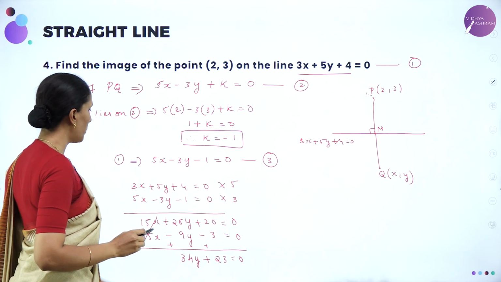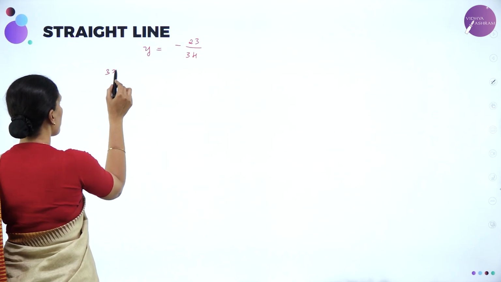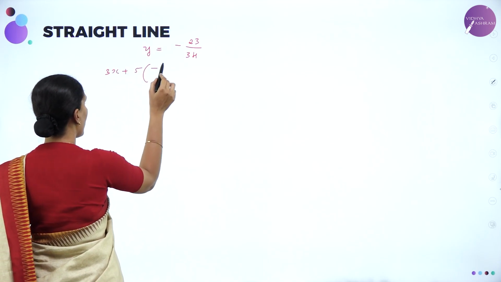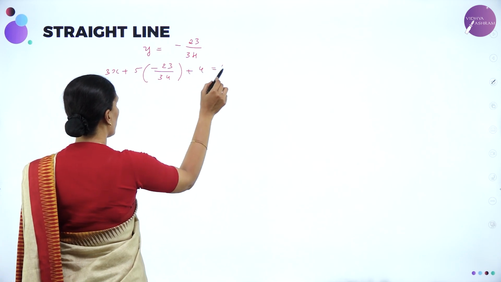Now, let me substitute this in any one of the equations. For example, 3x plus 5 into minus 23 by 34 plus 4 is equal to 0.